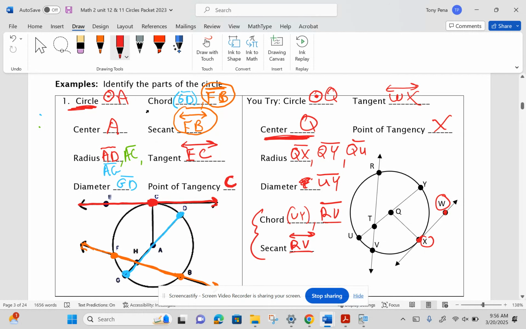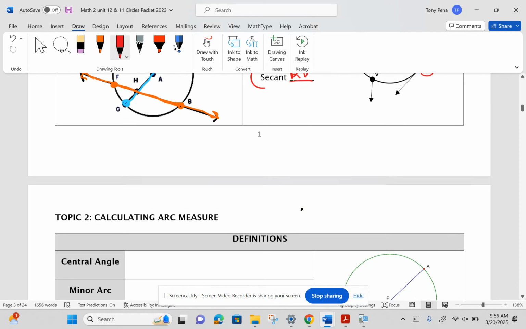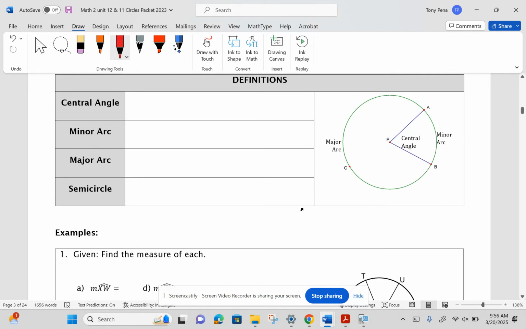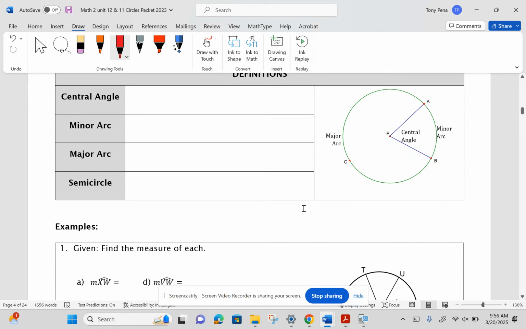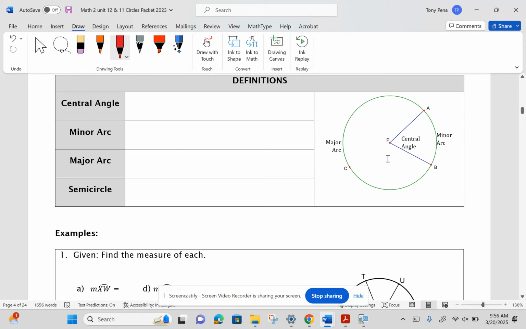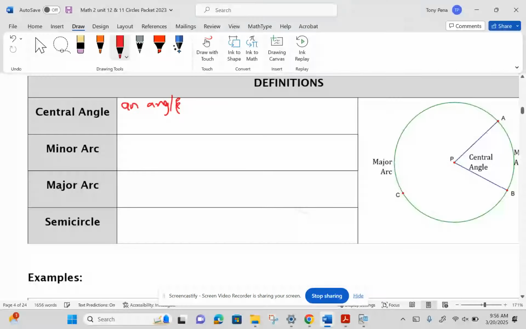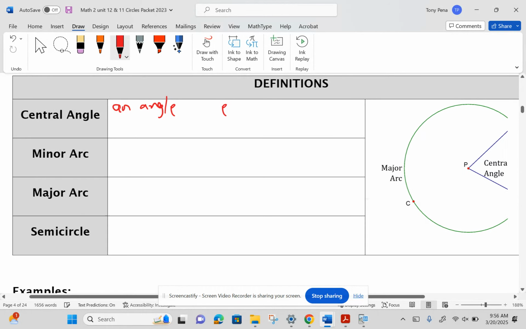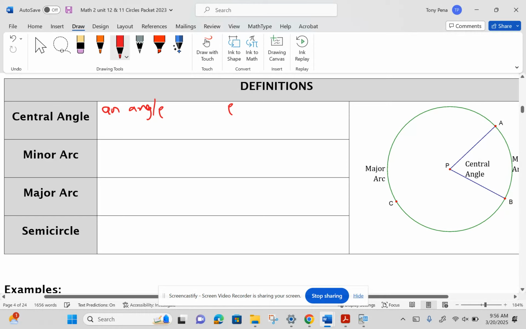All right, so just kind of working our way around a circle, knowing some of those vocab words, and now the second thing. All right, it's just as easy. All right, central angle up here. If we look at this circle over here, circle P, central angle, what I'm going to have you do is write an angle. Make this a little bigger so I have some room to operate here. And we can still see it.